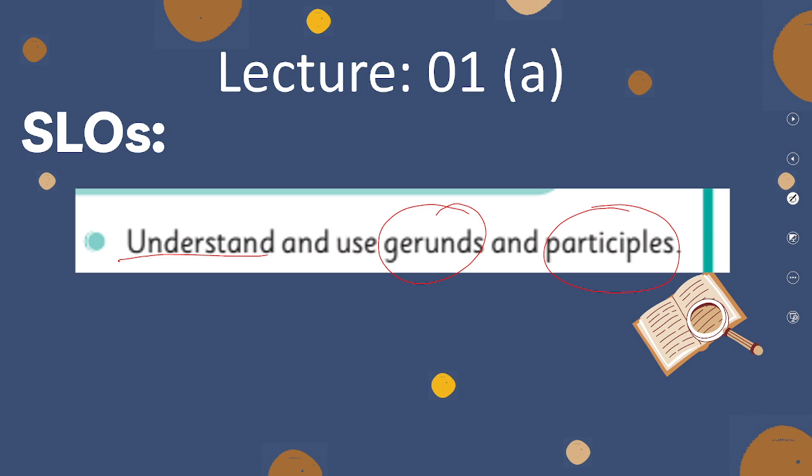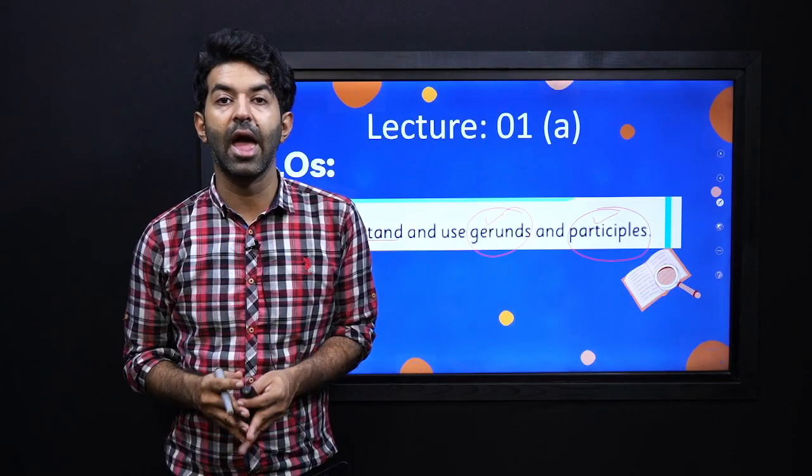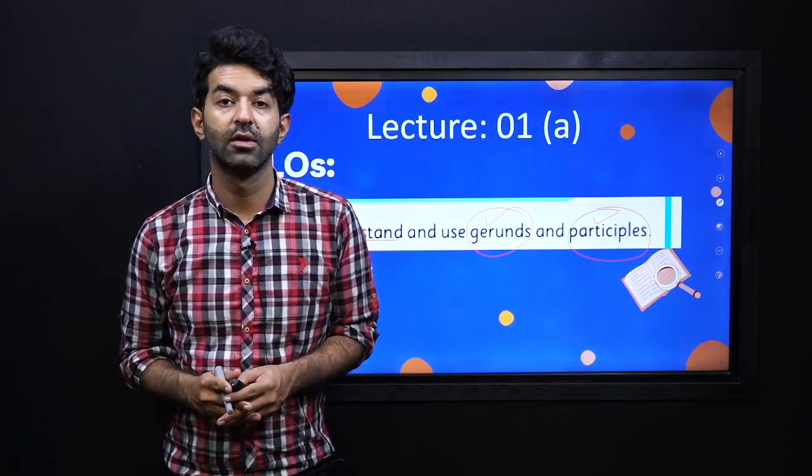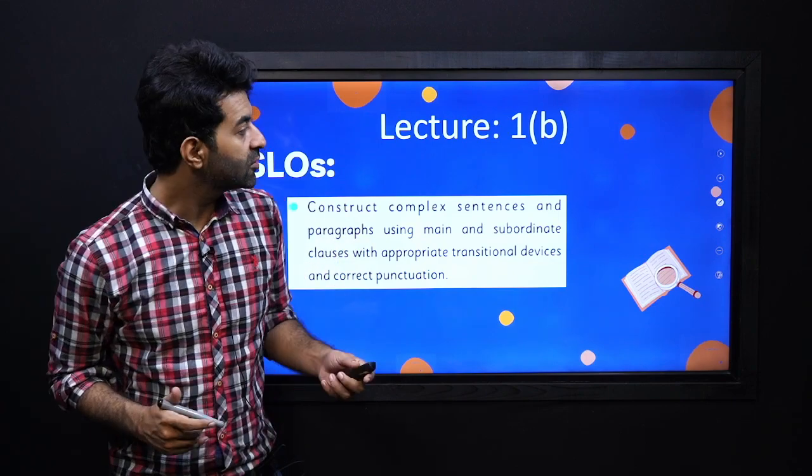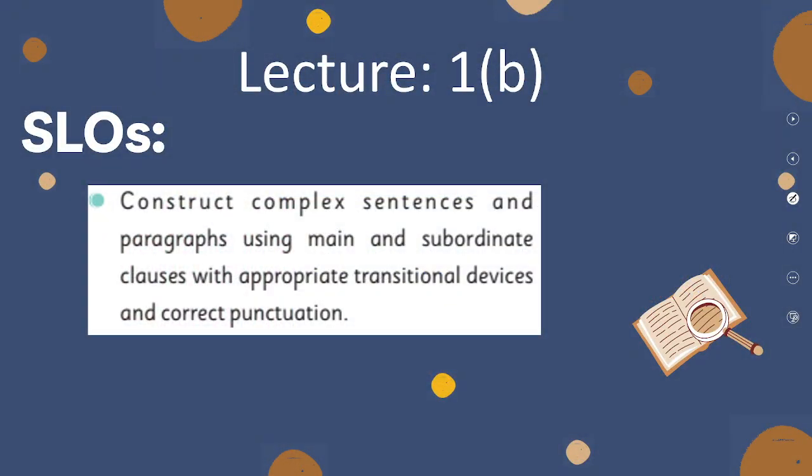We are going to talk about what gerunds and participles are, followed by examples, activities and different resources that we will be sharing with you. Next, we have again grammar, to construct complex sentences and paragraphs using main and subordinating clauses with appropriate transitional devices and correct punctuation.